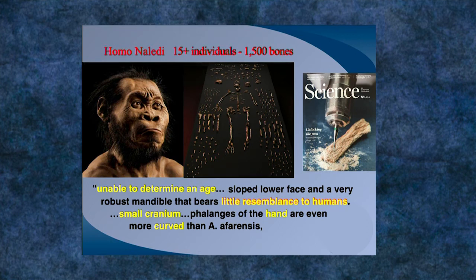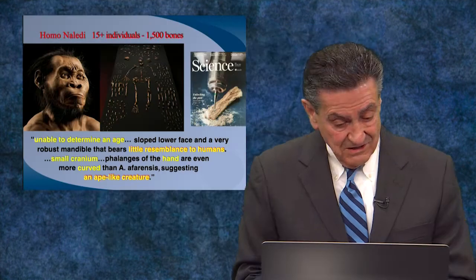Now, they try to put it in that category, but this is even more ape-like, more curved, little resemblance to humans, suggesting an ape-like creature. They don't have that in the museum. This is the peer-reviewed scientific data, and they've recognized that what's been presented in the textbooks doesn't work too well, so now they're going to come up with that which really proves the point.